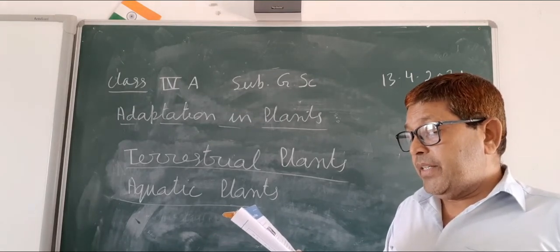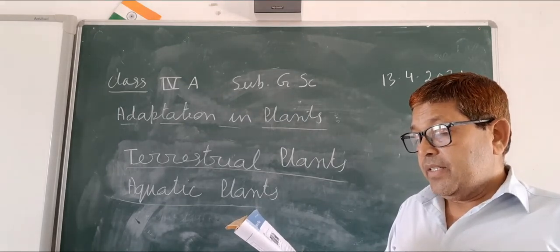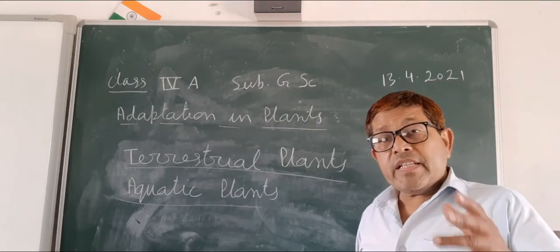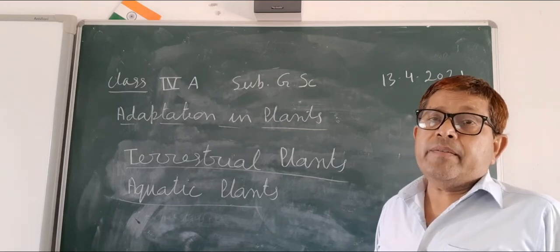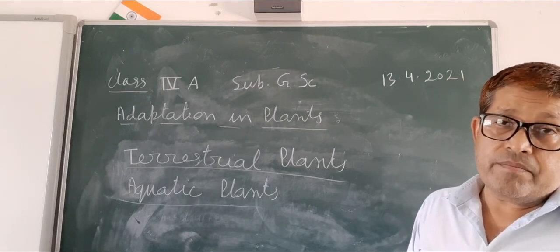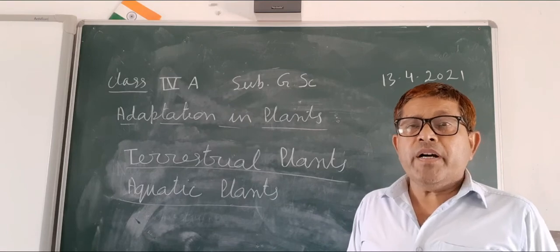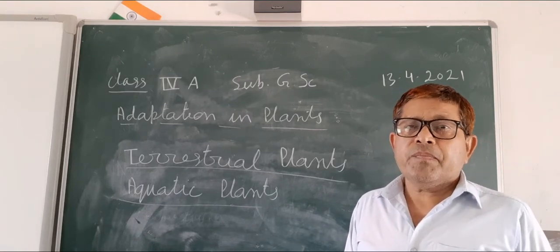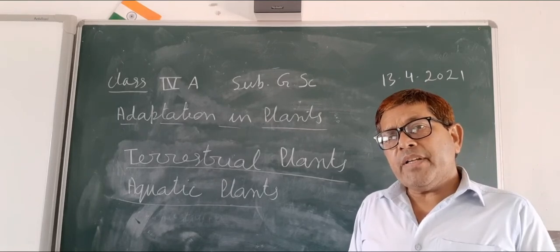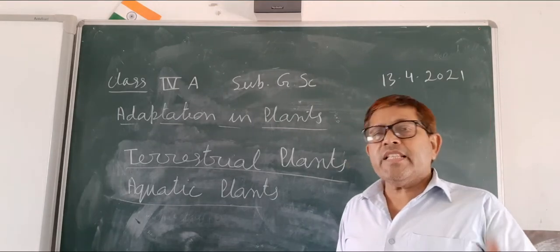Some parts of land receive very heavy rain, some medium and some very little. There are variations in the rain in different parts of the land. So there are variations in the plants.